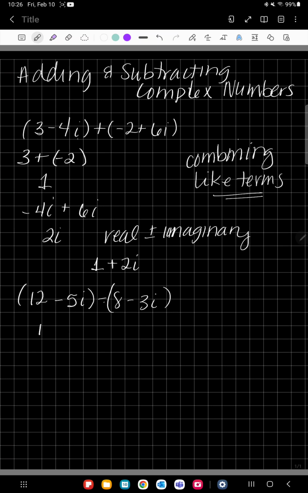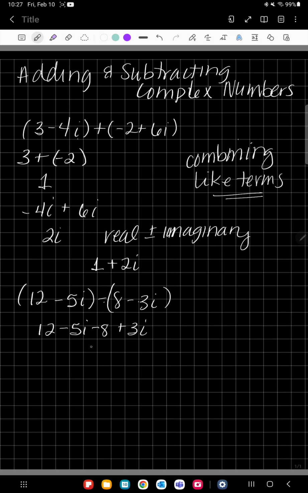I'm going to go 12 minus 5i, and I'm going to distribute this negative. Since it's outside the parentheses, I'm going to distribute it to everything inside so I know exactly what I'm working with. That becomes a negative 8, and a negative times a negative is a positive, so that's plus 3i.